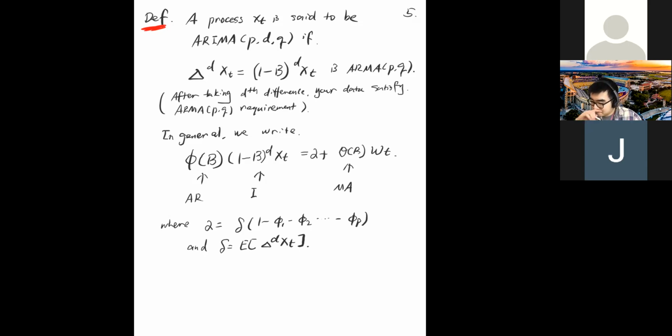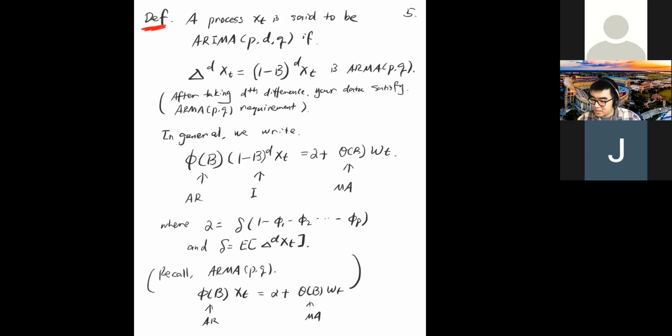And also just to recall, for an ARMA(p,q) model, we write our model as phi B xt equal to alpha plus theta B wt. Again, this is our AR part and this is our MA part.